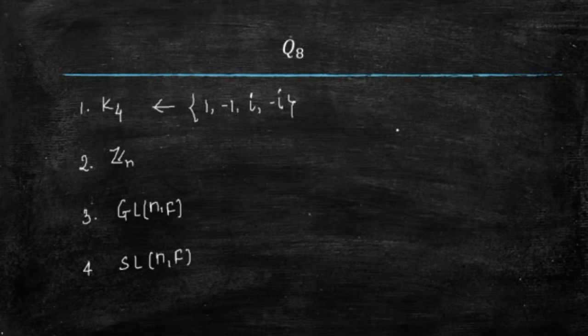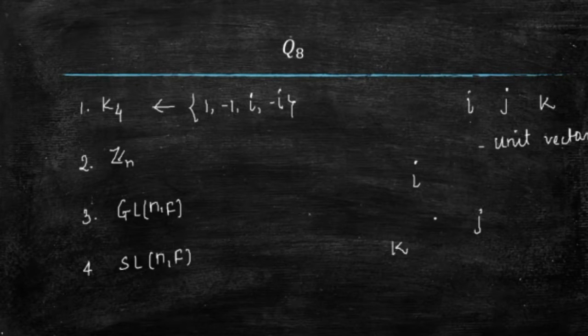Now you remember in vector analysis we have i, j and k as the unit vectors in positive x, y and z directions respectively, right? And we also know that when you multiply i, j and k, you have to follow the rule where if you multiply clockwise, i multiplied by j will give you plus k, j multiplied by k will give you plus i, and k multiplied by i will give you plus j.